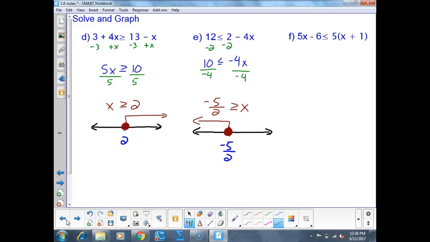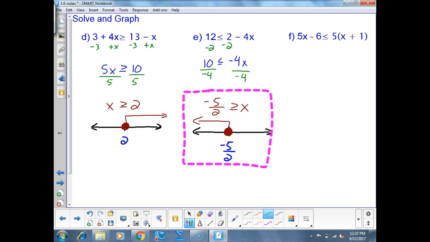Which is fine with me because it's the only number that's going to go on my number line. So whatever the fraction is, if you had it in decimal form, whichever form you put it in, okay, it can go on your number line. And we're going to the left. Okay. So that is that one.